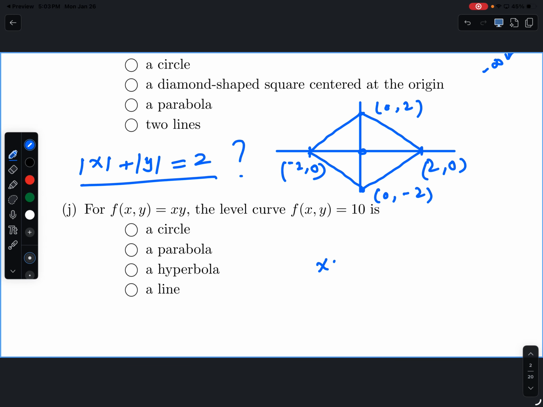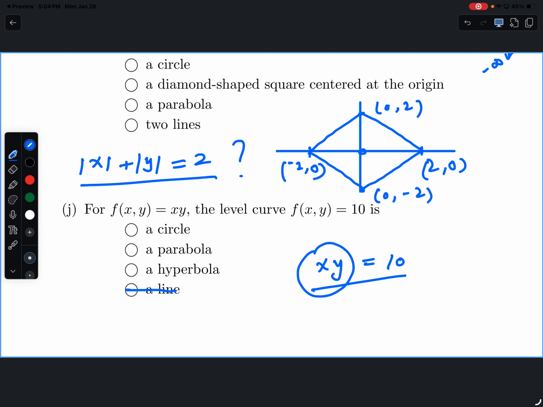Okay, how about this thing, xy is equal to 10. Is it a circle, a parabola, a hyperbola, a line? Let us apply the method of elimination. Obviously it is not a line, because of the degree of this expression, x times y.